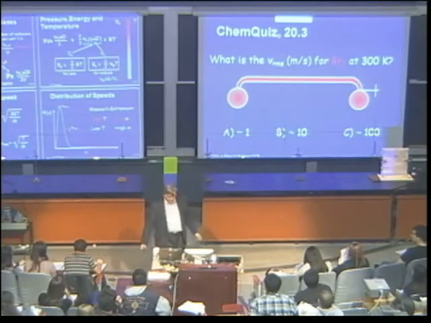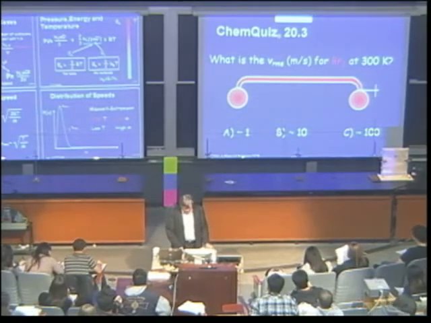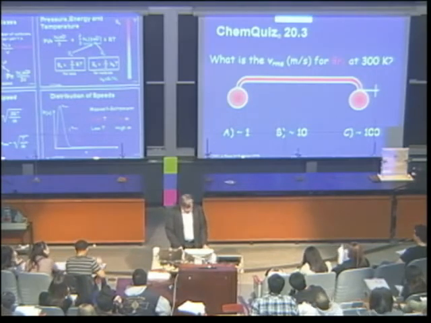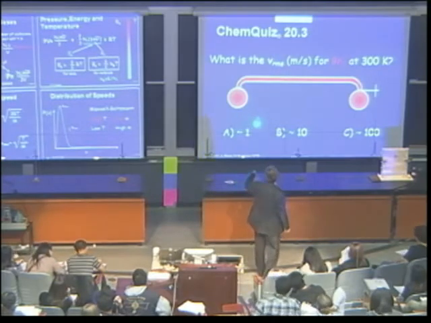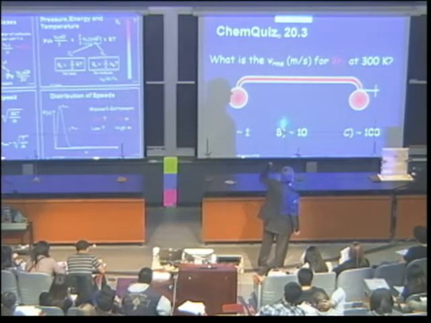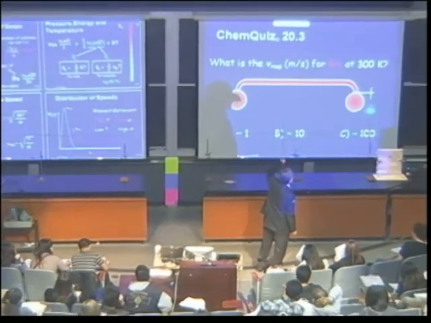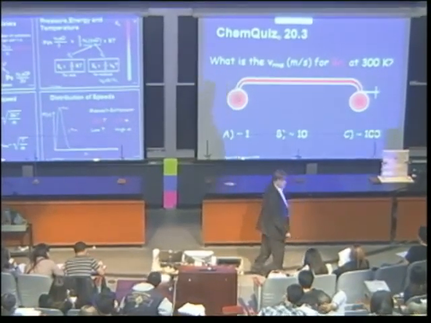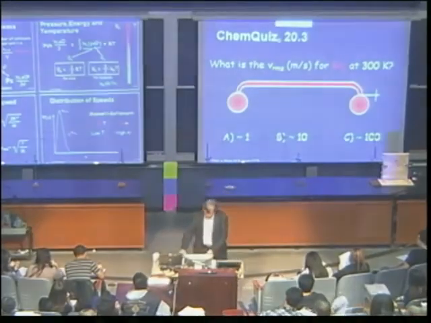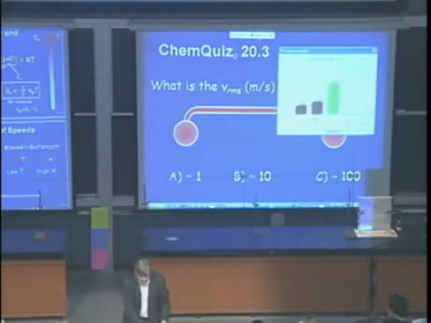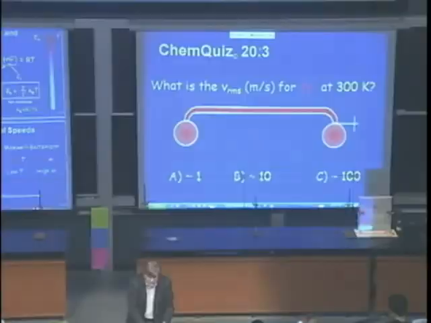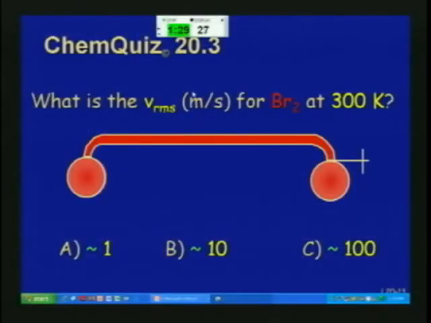I want you to calculate, just to estimate, what the root mean square speed of that gas is. Is it 1 meter per second? Is it 10 meters per second? Or is it around 100 meters per second or larger? So why don't you think about this? You need to put in a couple of constants and then give me your answer.